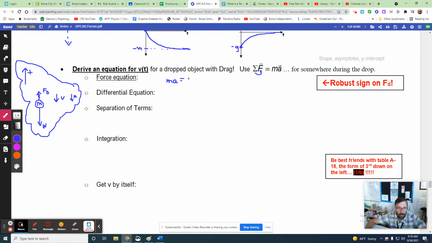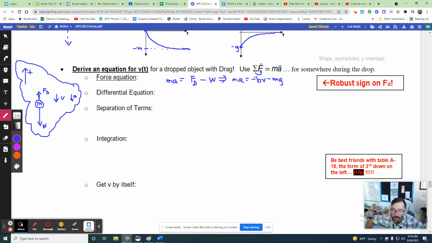Okay, and so I have what? I got a force of drag minus the weight. If I go a little bit further with this, I can say my acceleration is going to be equal to negative bv minus mg.